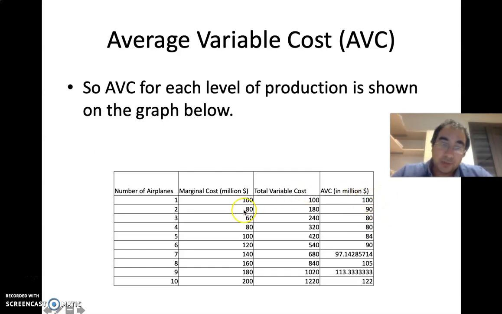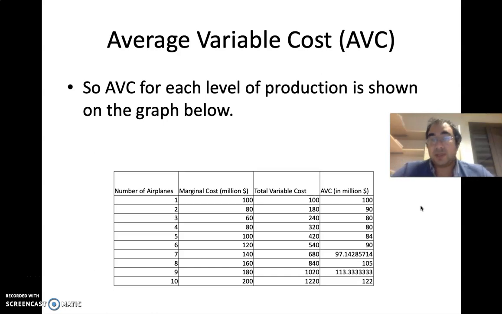Adding an additional unit of airplane in this case will add a cost which is equal to 80. Well, the second unit has a lower cost compared with the average variable cost, the average cost per unit when we produce only 1 unit. So since it is relatively cheaper compared with the average cost per unit in our factory, it will decrease the average costs.